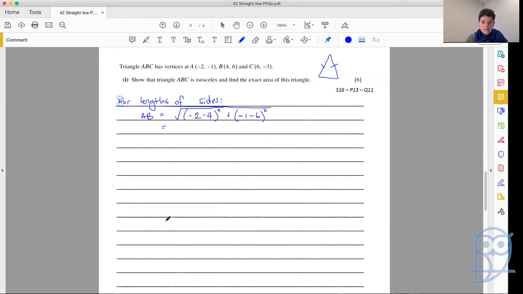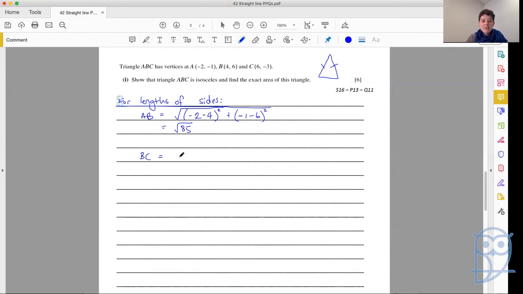This gives us, let's call for a calculator. So minus 2 minus 4 is 6 squared, so that's 36. Minus 1 minus 6 is minus 7 all squared is 49. So this is now square root 85. We're going to leave it in surd form, keep it accurate.